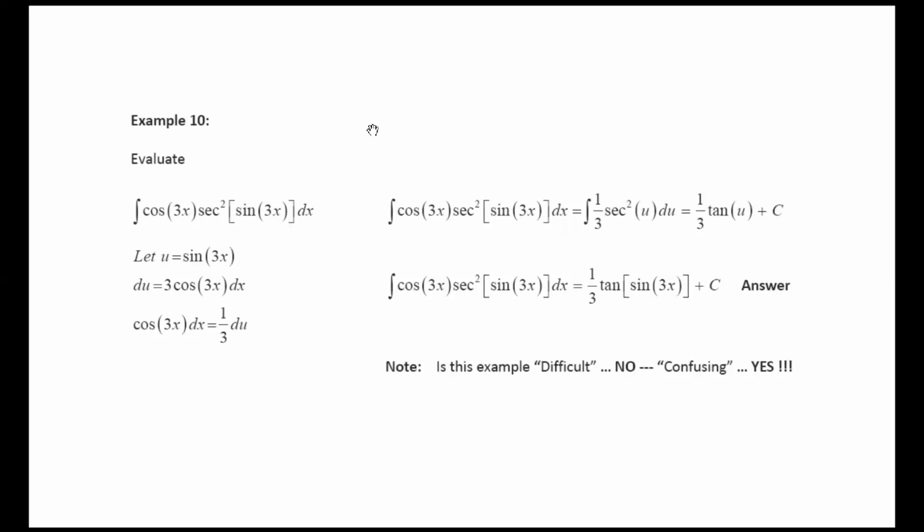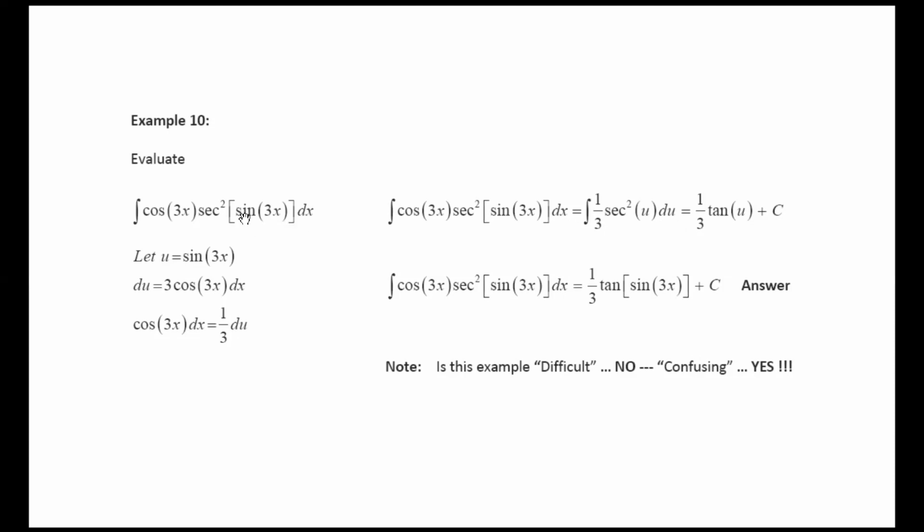So what we're going to do here is let u be the sine of 3x. The derivative of the sine of 3x is the cosine of 3x times 3. We want the cosine of 3x dx, and so that's 1/3 du. So in the place of the cosine of 3x dx, we're going to put 1/3 du.